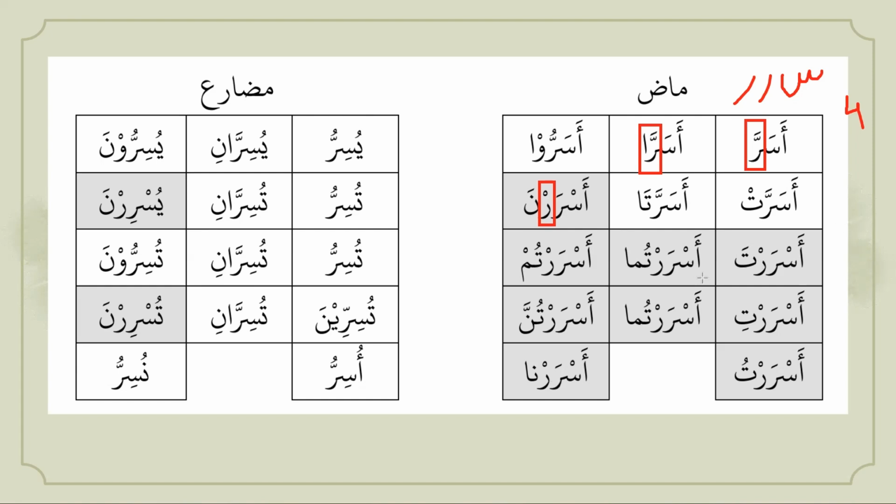So anta asrarta, antuma asrartuma, antum asrartum, anti asrarti, antuma asrartuma, antunna asrartunna, ana asrartu, nahnu asrarna. So that's how the first rule applies over here: in the hunna version, this fusion is undone, and the rest of the Sarf Kabeer follows the same pattern.